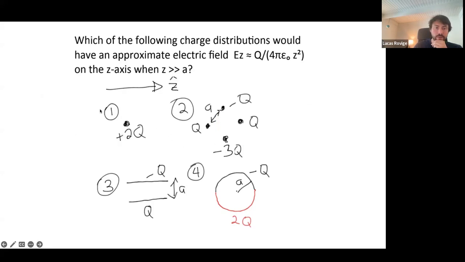It could be the first one, where we have a single point here. The second one, where we have a quadrupole and 3 different charges. Here we see 2 lines, charge minus and plus, infinitely long, and then a ball of charge 2q on one side and minus q on the other side.